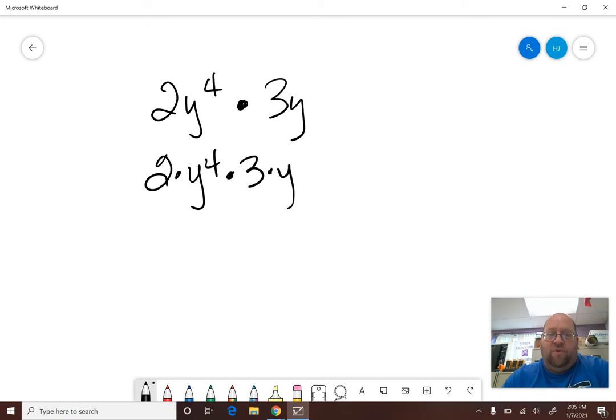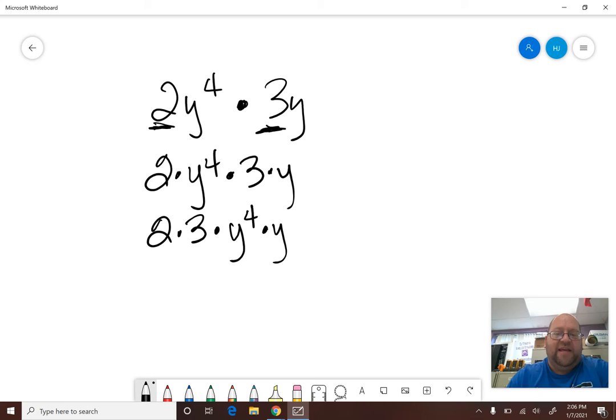So what you can do in this instance is worry about your coefficients first, which are the numbers in front of the variables, and go ahead and multiply those first, because remember, multiplication is commutative. So I could move these things around. In other words, I could take 2 times 3 and then do times y to the fourth times y.